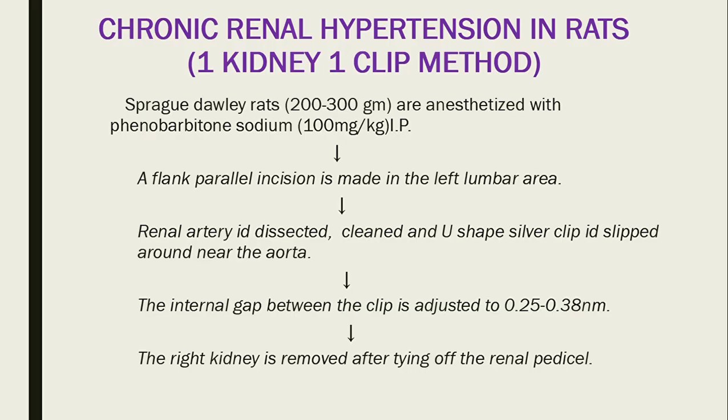The renal artery is dissected and cleaned, and a U-shaped silver clip is slipped around it near the aorta. The internal gap of the clip is adjusted to 0.25 to 0.38 mm. Then the right kidney is removed after tying up the renal pedicle.